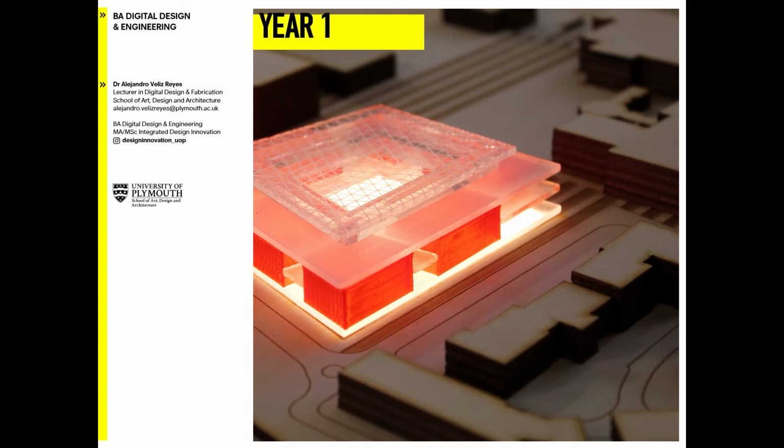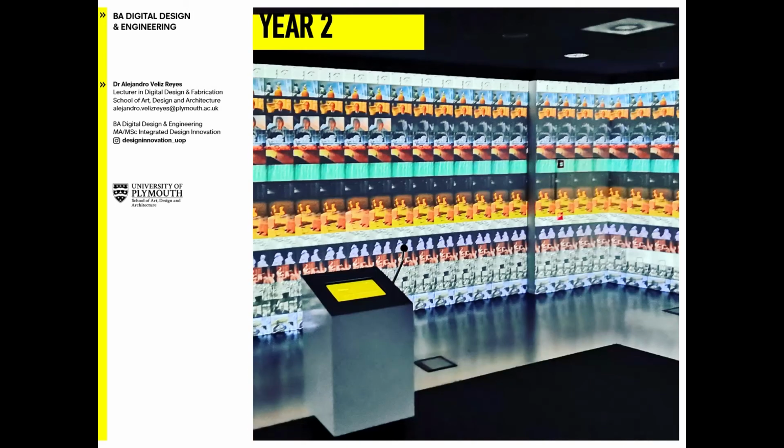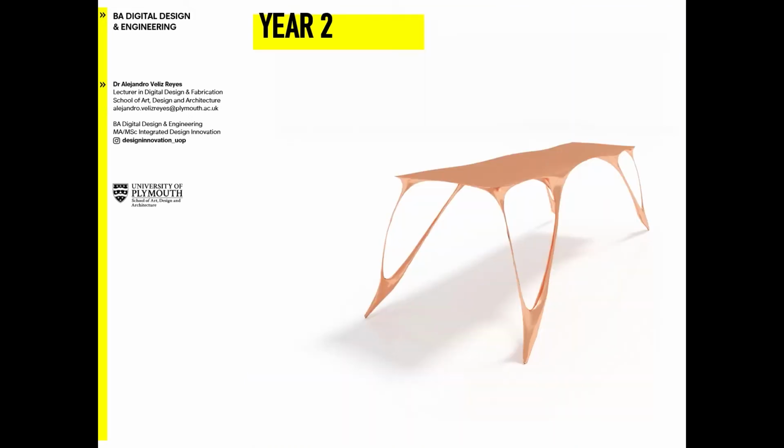Once this foundation is set up, in year two, you will be expected to address a further degree of specialization, a further degree of experimentation and digital skills in the context of design and engineering tools and methods. That can include, for example, engagement with our immersive media laboratory or engagement with advanced methods of using data to design. For example, the table that you can see on screen has been completely designed by a computer.